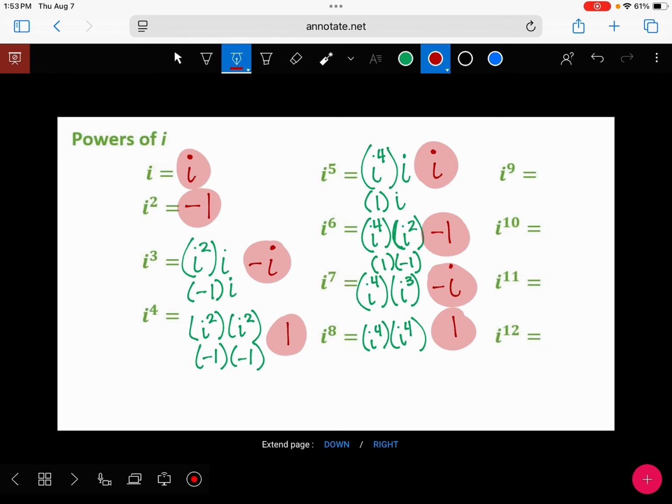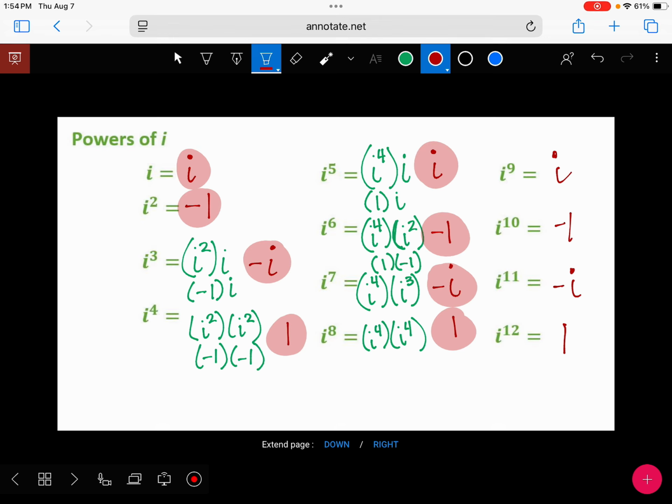So we got i. What do you think we're going to get for i to the power of 10? -1. What do you think we're going to get for i to the power of 11? -i. And what do you think we're going to get for i to the power of 12? 1.